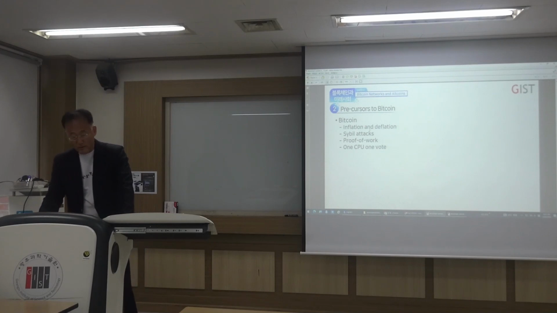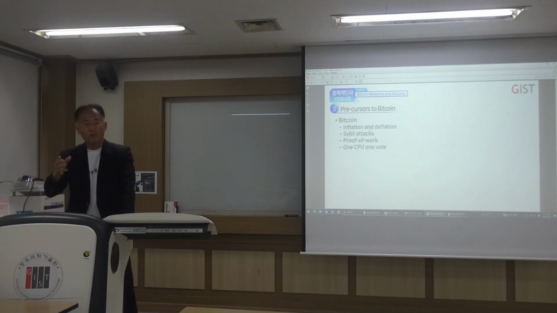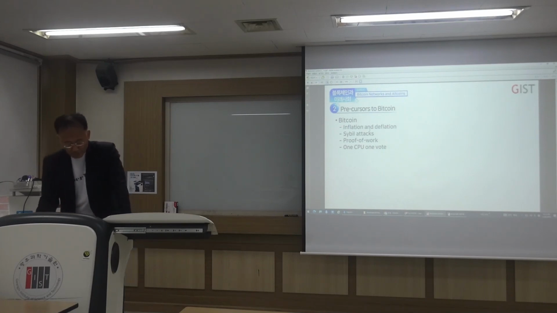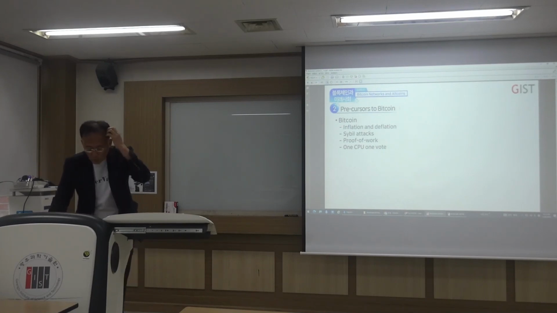So the agreement is based on the first node who published the block wins, right? That's the winning idea, basically. All right. So that was the precursors to Bitcoin.